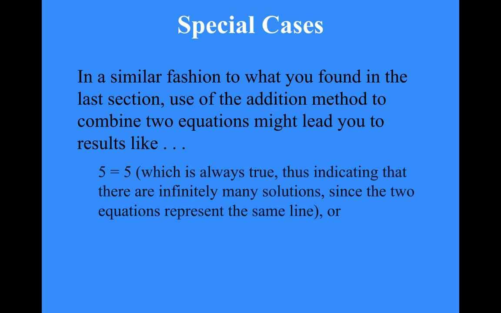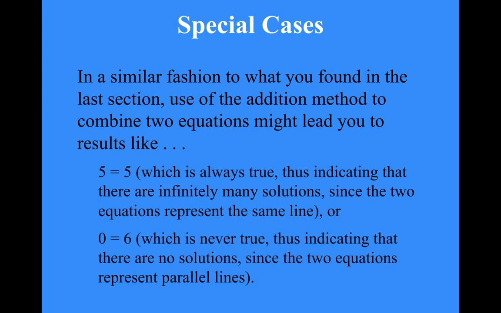Special cases. We've talked about this a million times. You can either have one solution, which gives you a point like we got in all those examples that we just did. If we end up eliminating all of our variables, let's say that when we added them, our x's and our y's canceled out, we know what that means.